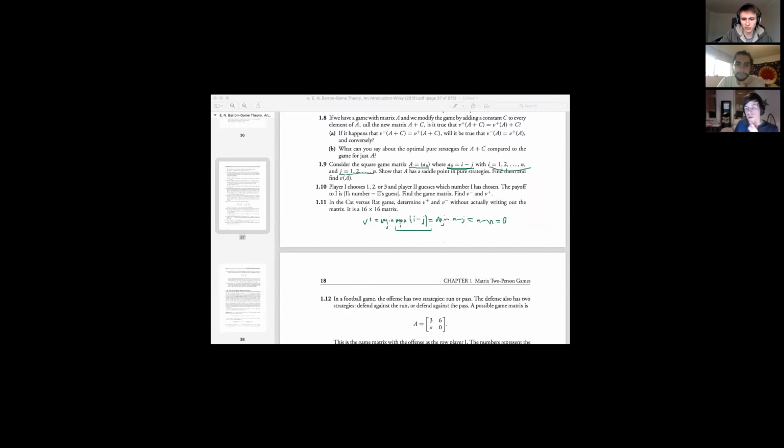I guess wouldn't you also have to prove that V minus is also 0? Right, very true. I could go over that, but it's basically the same logic. For V minus, you're doing max min. We should really find some better way to share math.